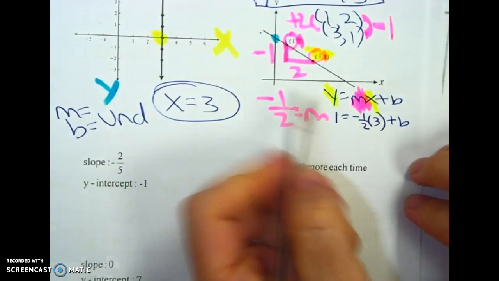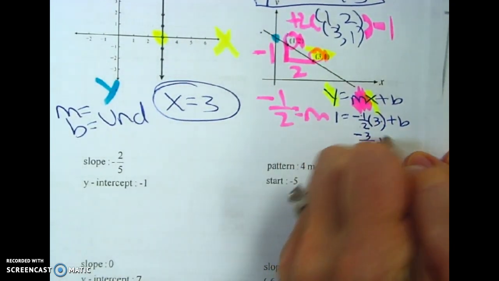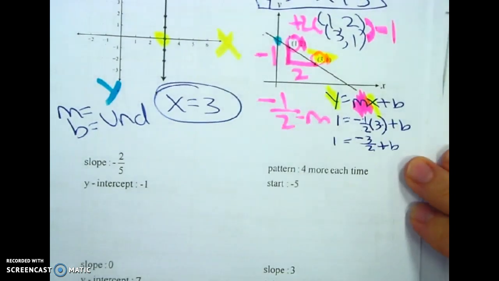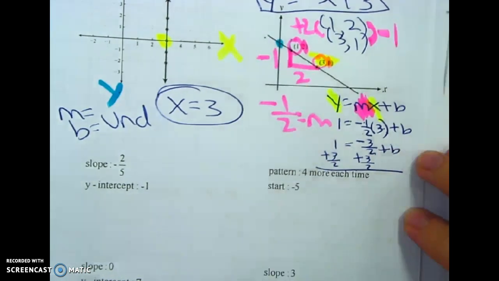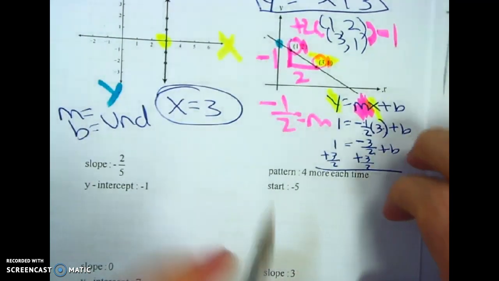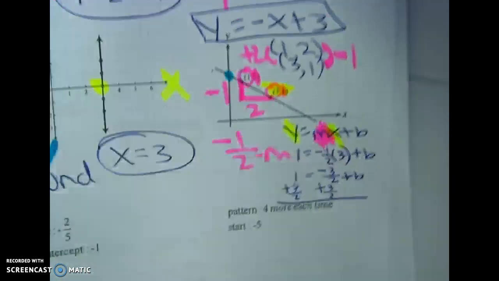You can either use your calculator or no. If this goes on top and this goes on bottom, it's -3/2 plus b equals 1. Add 3/2. Okay. If you're stuck on 3/2 plus 1, I'm going to help you be a little bit logical here.